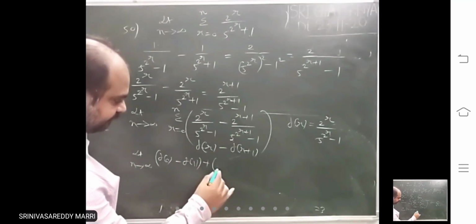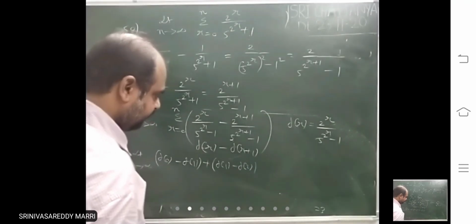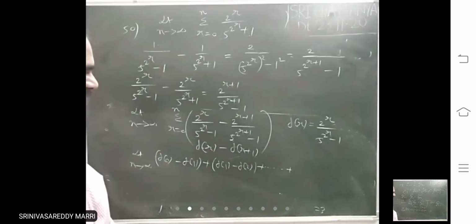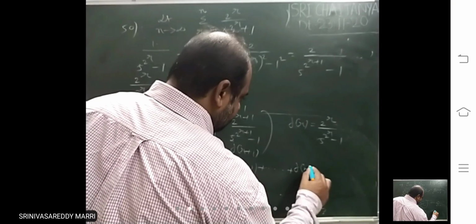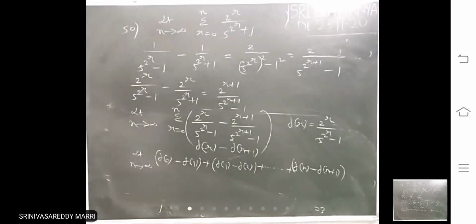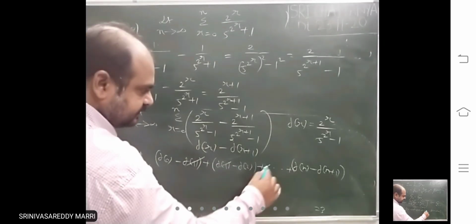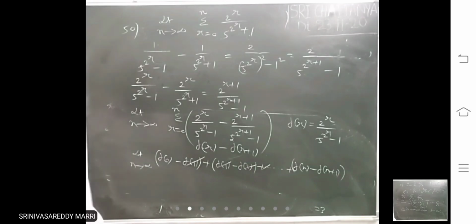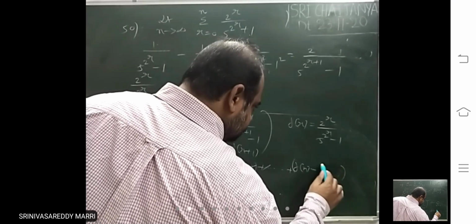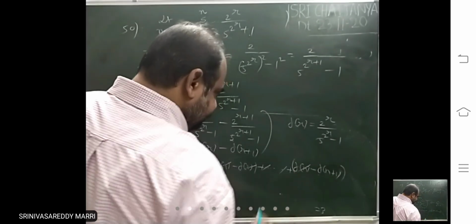Here I am substituting. Next r equal to 1, f of 1 minus f of 2, and so on. Lastly, r equal to n, f of n minus f of n plus 1. Therefore the terms are getting cancelled. The f of 1 will get cancelled, and this term will get cancelled.